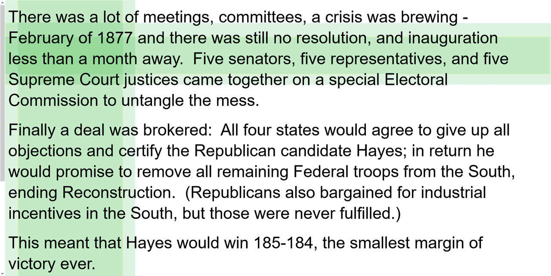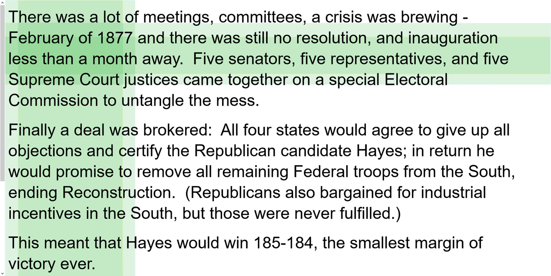And the states, by their own admission, definitely had these problems, right? So they decide to go this route, and it's close. It's a series of 8 to 7 votes. But the South reluctantly agrees to this deal, and Hayes is elected.